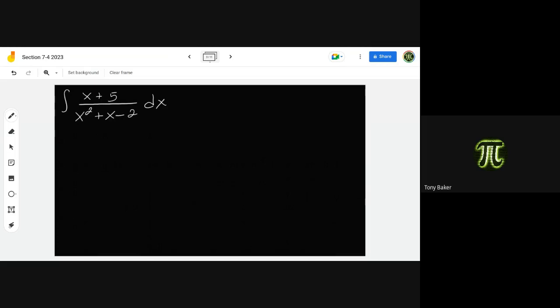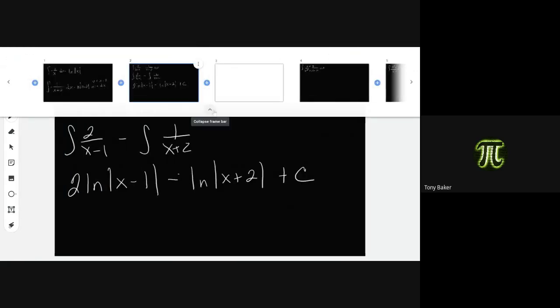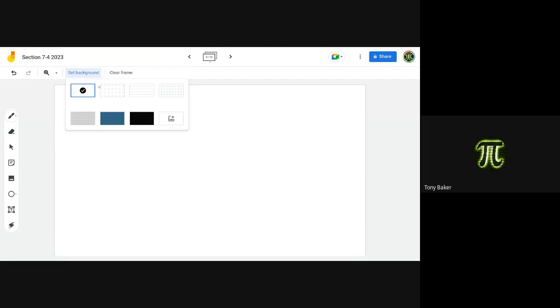So how do we do this? No longer is it just a number over a single factor, right? All right, so let's take a step back. How do I put those two fractions together?